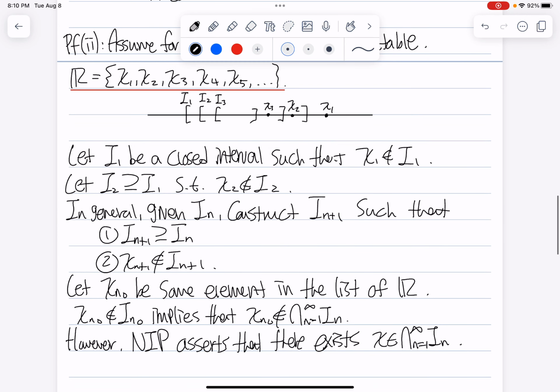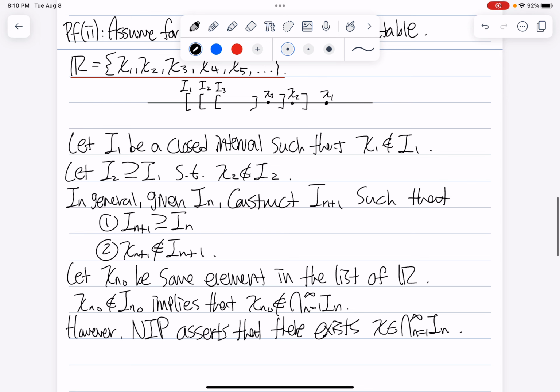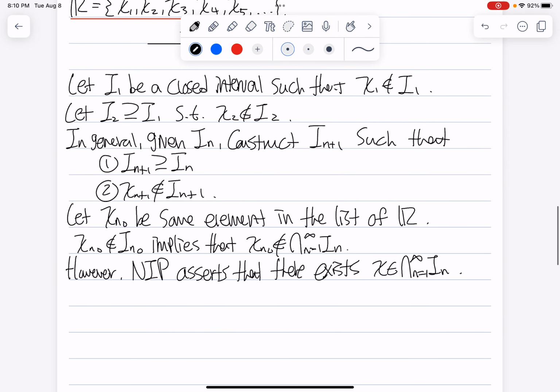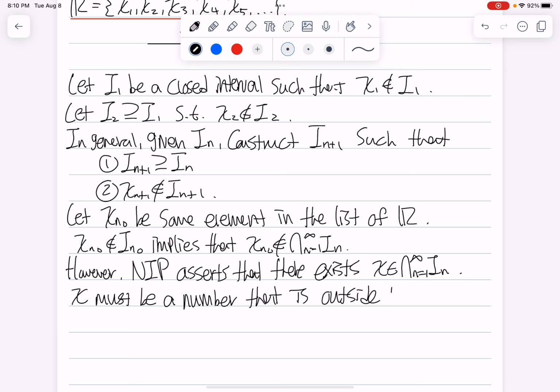But we saw that all of these elements in the real numbers list are not in the infinite intersection. So that means x must be a number that is outside the list of R.